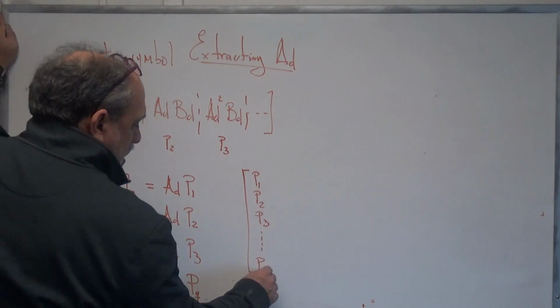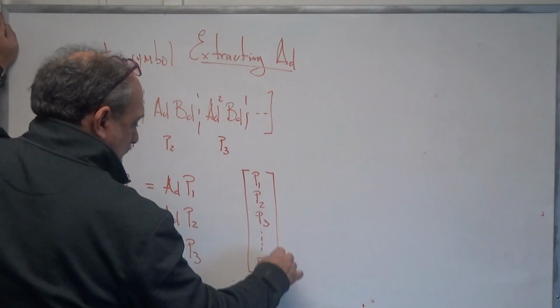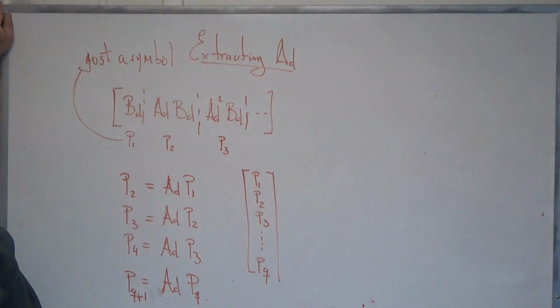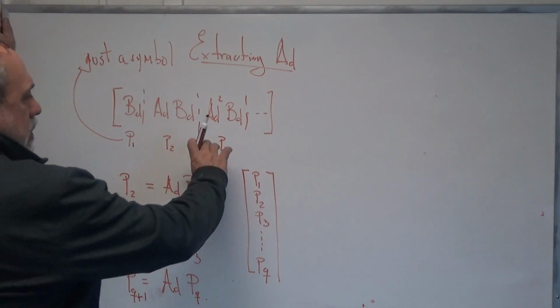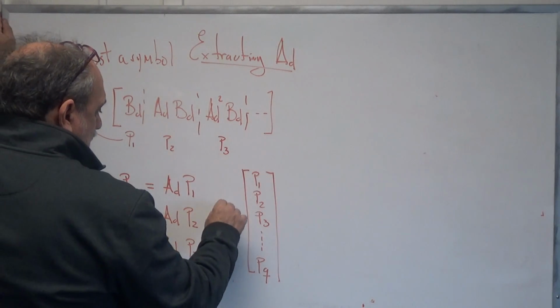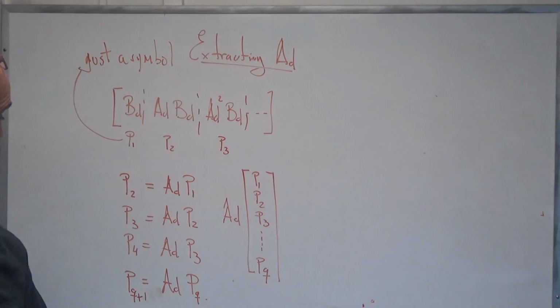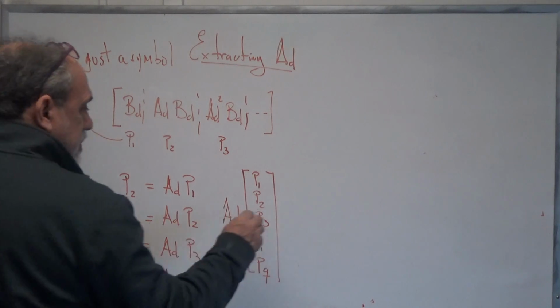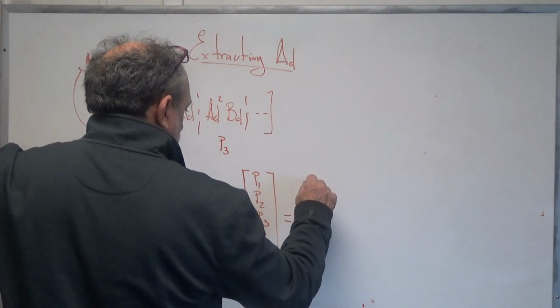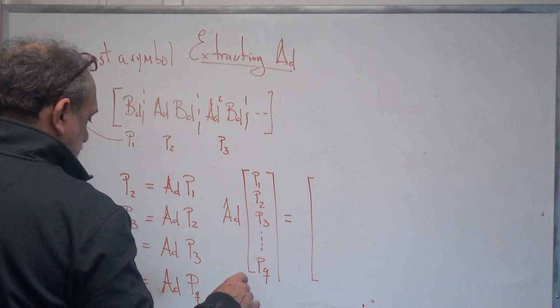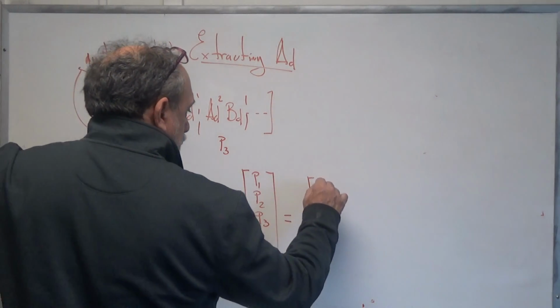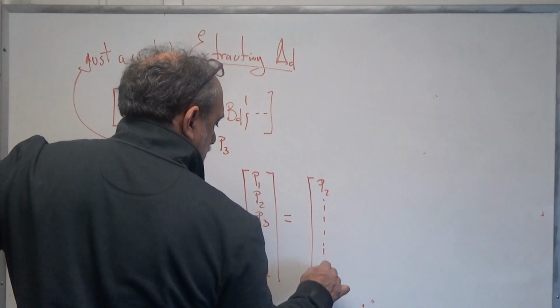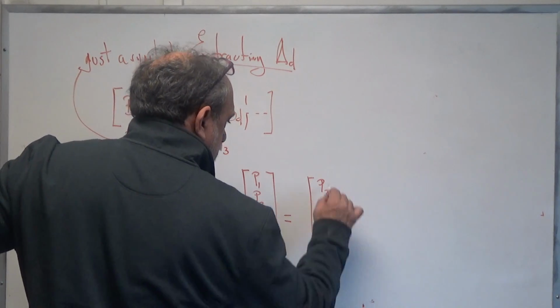So we'd have PQ over here. And so we have these P's, and what we have is AD times P1, P2, P3, P4, PQ is equal to P1, what is it? P2, and so on, PQ minus 1, right?